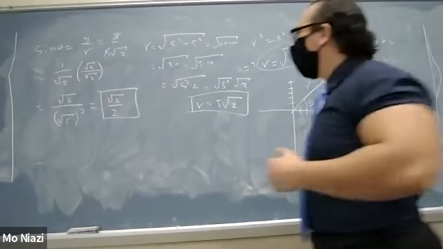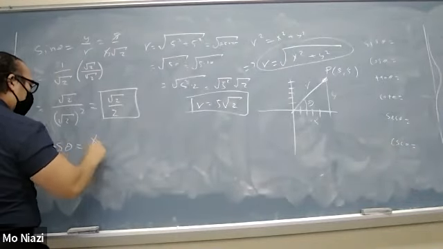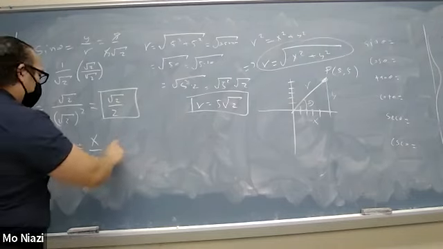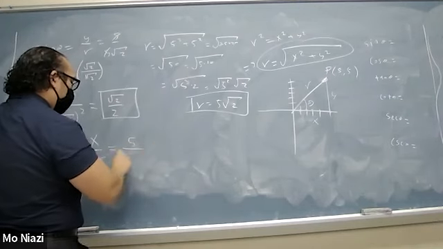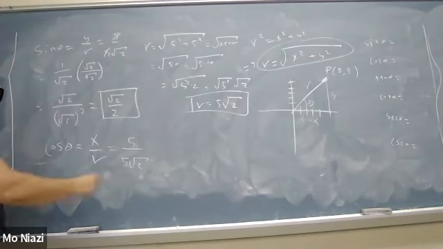Let's go. What is cosine? It's x over r, right? What is our x? What is our r? Very good. So we just cancel again, 5s.